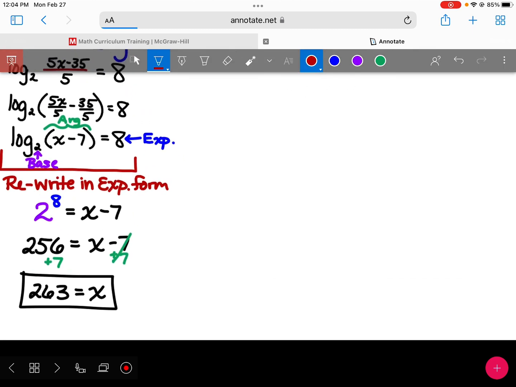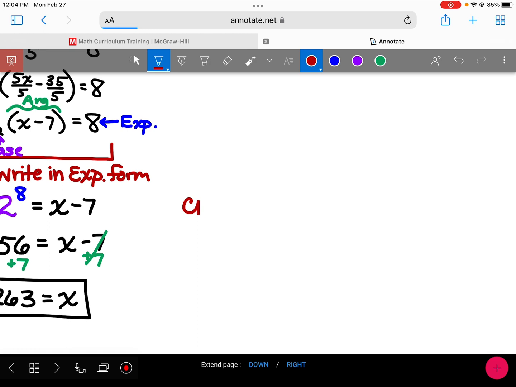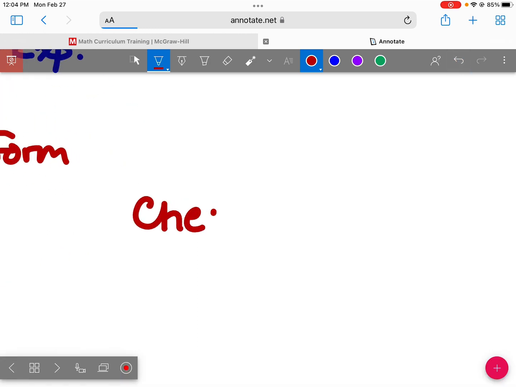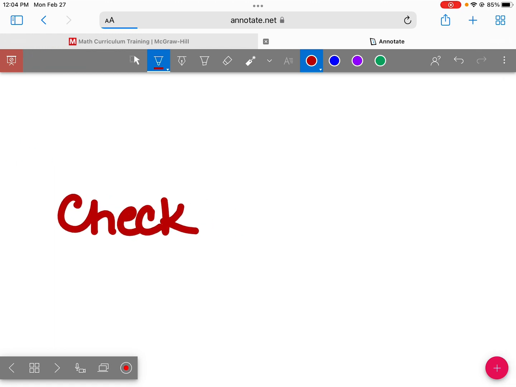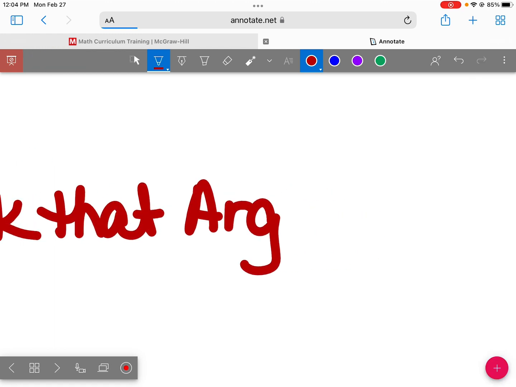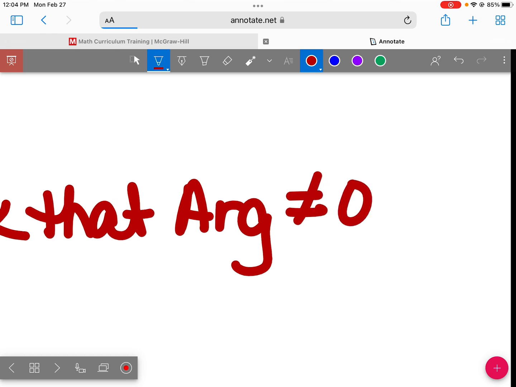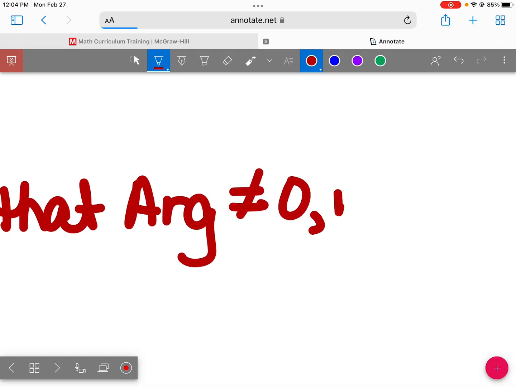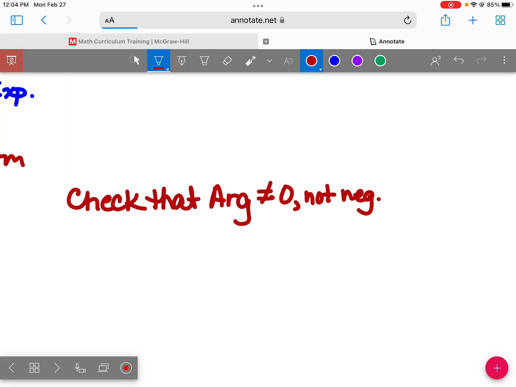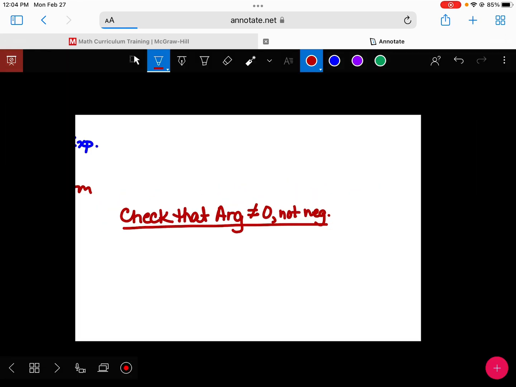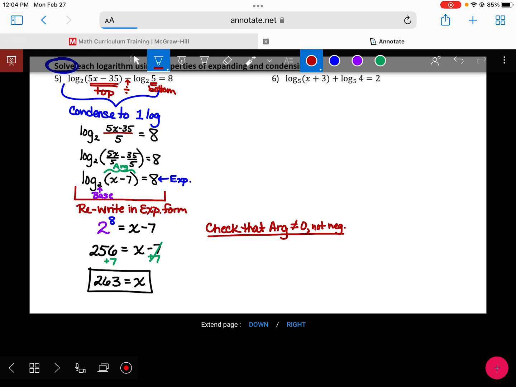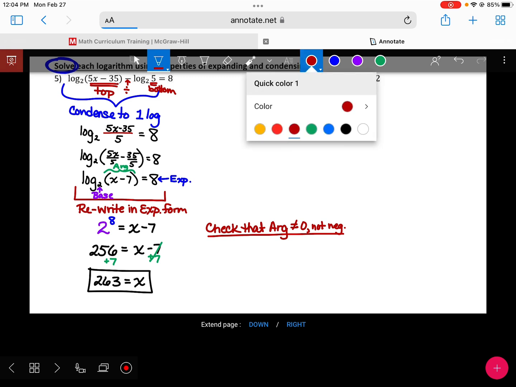Yep. We need to check. What are we checking for? Check that the argument does not equal 0, and it's not negative. How many arguments did we have in the original problem? 2.